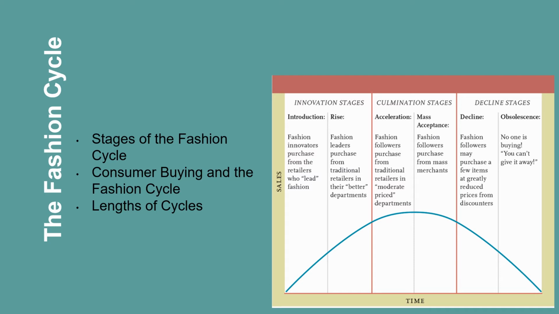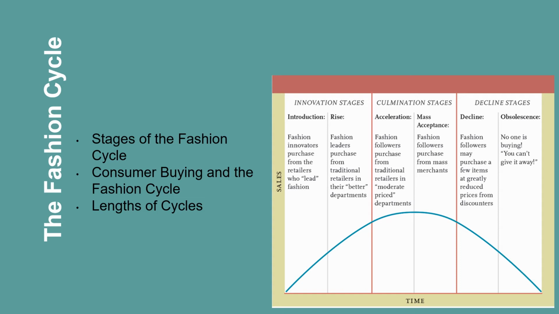And then the third stage is the decline, when things start to become obsolete, and they're just things that people don't want anymore. How long something stays in the innovation stage before moving to the decline stage varies, and often that determines whether something is a fad, a trend, or a classic.